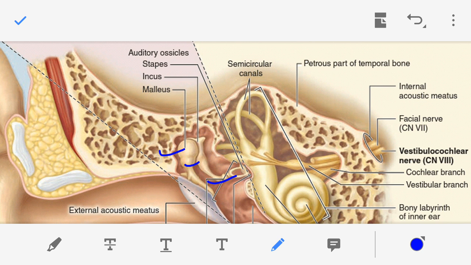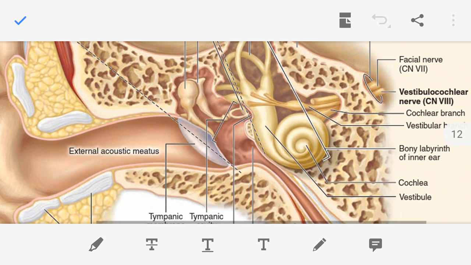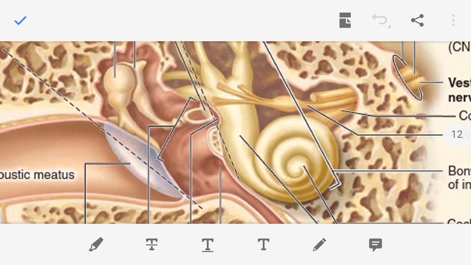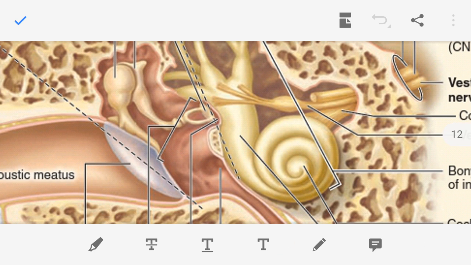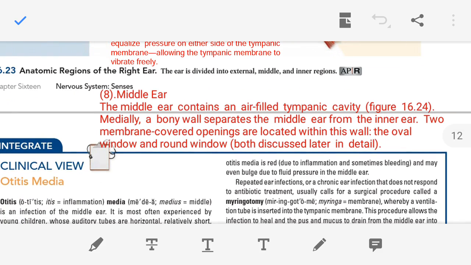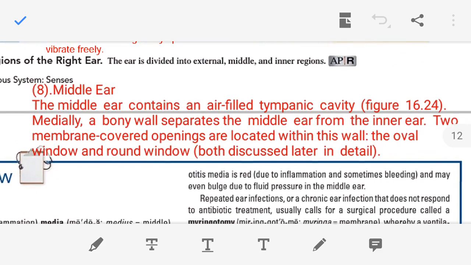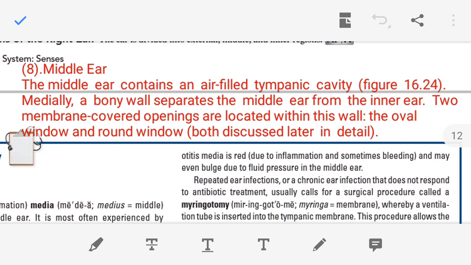These 3 are the auditory ossicles, which are part of the middle ear, and this is the entire inner ear. So this is the bony wall between the middle and inner ear. We can say the bony wall separates the middle ear from the inner ear.